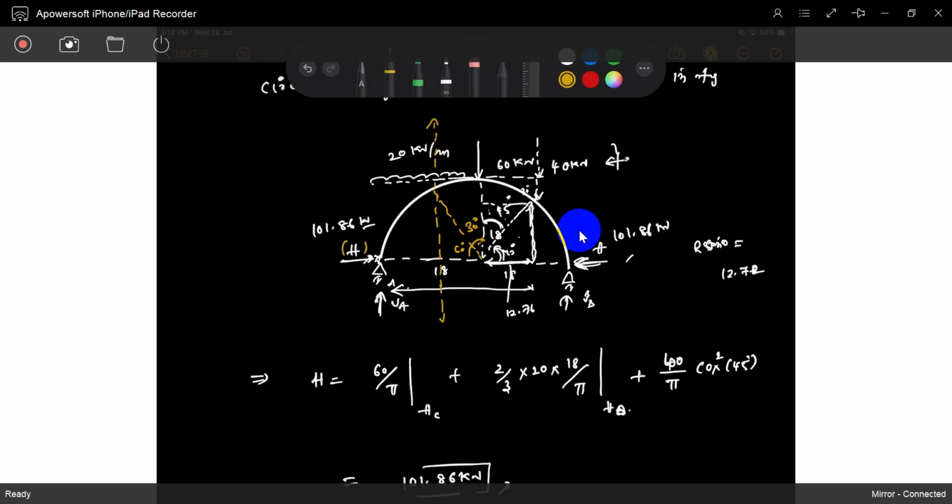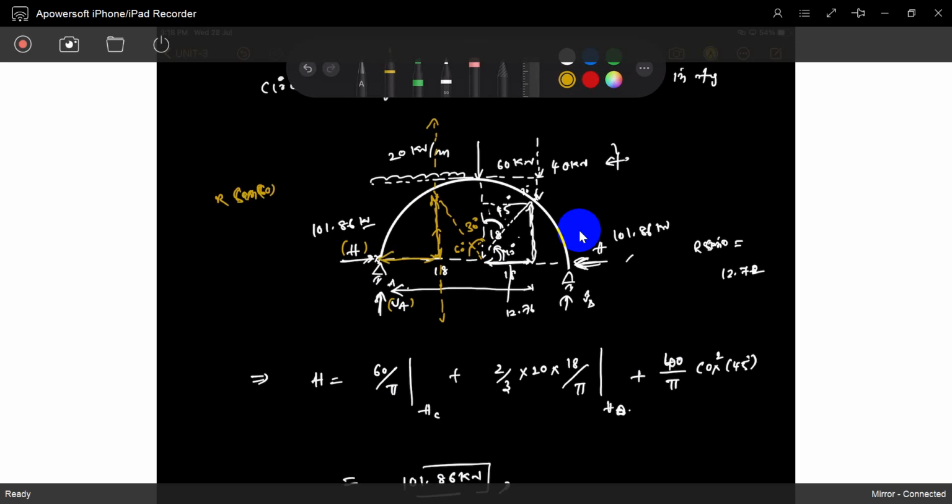We already know H, we already know VA. So you have to find out this height, which you can directly find out. This value is R, so this height is R sin 60. Also you can find out this distance.